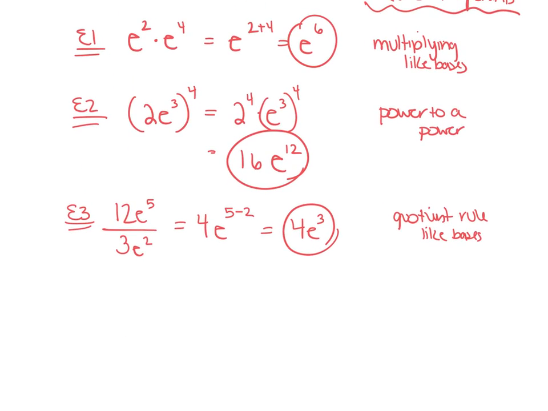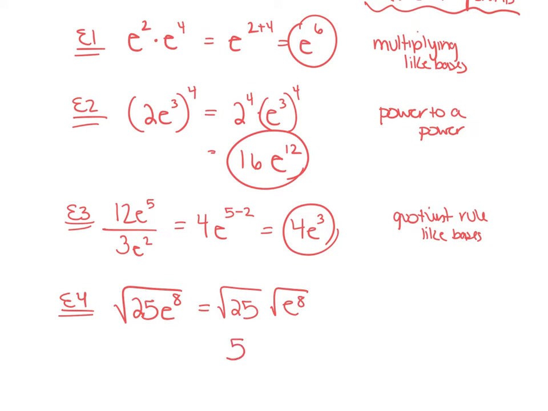Okay, and then we'll do one more with a square root function. So if we have the square root of 25e to the 8th power, we can separate that into the square root of 25 and the square root of e to the 8th. The square root of 25 is 5.